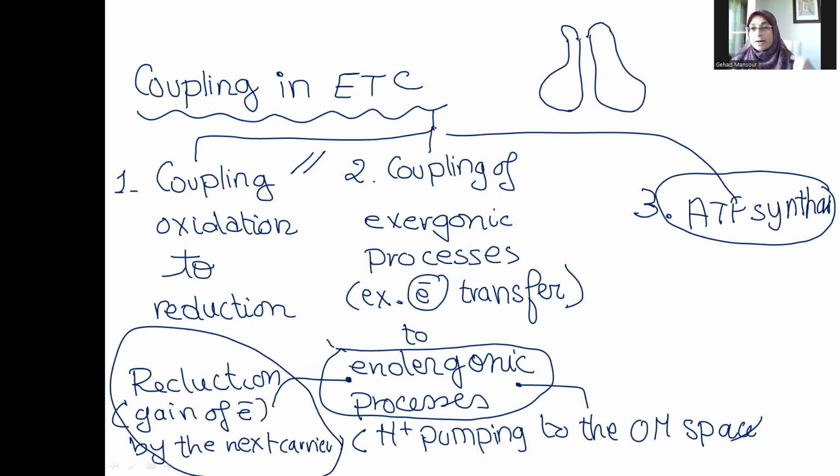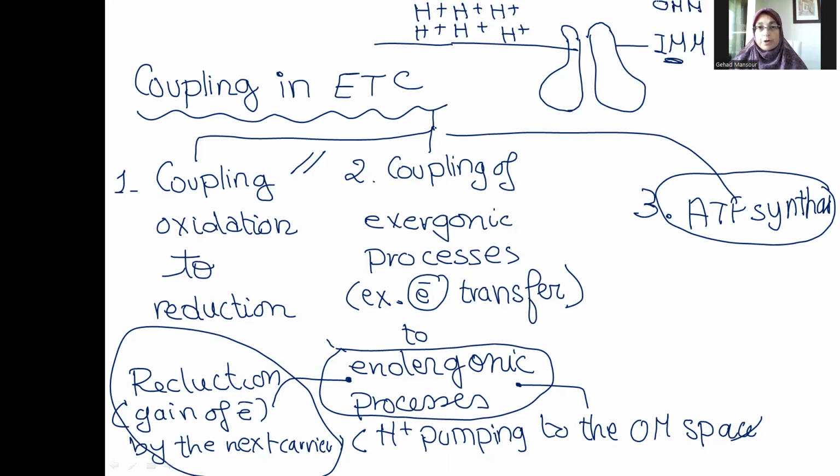I can't move back to the previous slide because the screen would disappear. Now that you have pumped all the protons into the outer mitochondrial space, this is the inner mitochondrial membrane, and you have accumulated protons between the inner and outer mitochondrial membranes, you now have what we call the electrochemical gradient.